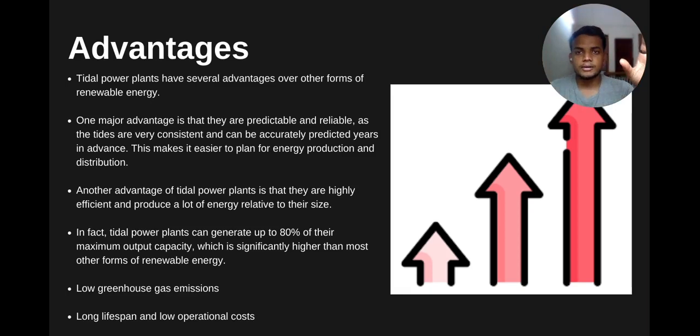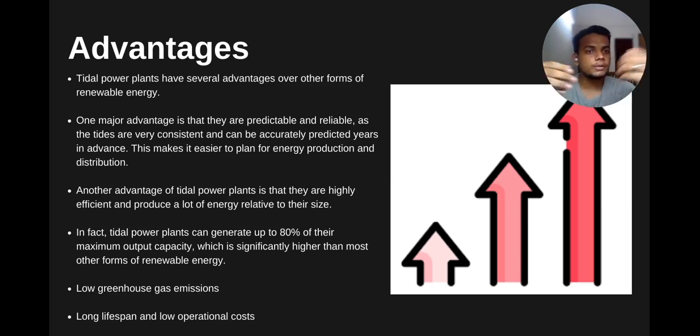We have effectively studied the motions and patterns of the movement of Earth and Moon with respect to each other, so that we can very efficiently read the effects and patterns of the gravitational pull of the moon on Earth's surface, that is, to study the high tides and low tides. Thus it makes tidal power plants a very reliable source.